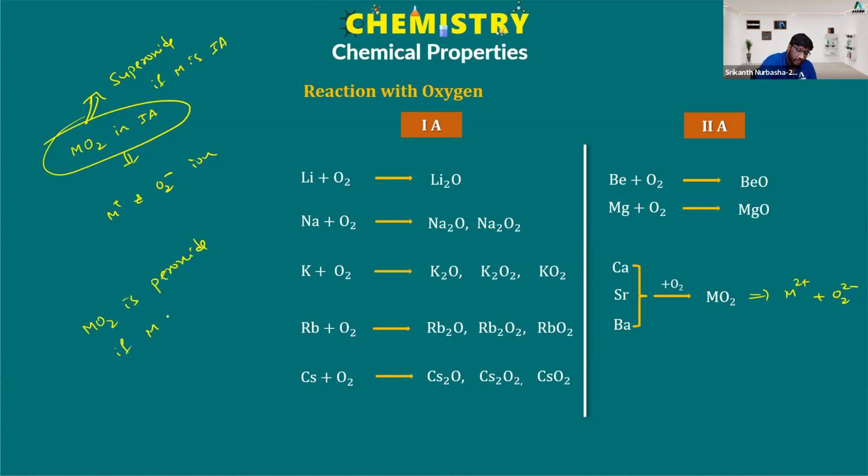If M is a 2A element, M will have a 2+ charge and O2 2- is there, so MO2 is a peroxide. They form peroxides of the type M2+ and O2 2-. O2 2- is nothing but the peroxide anion.